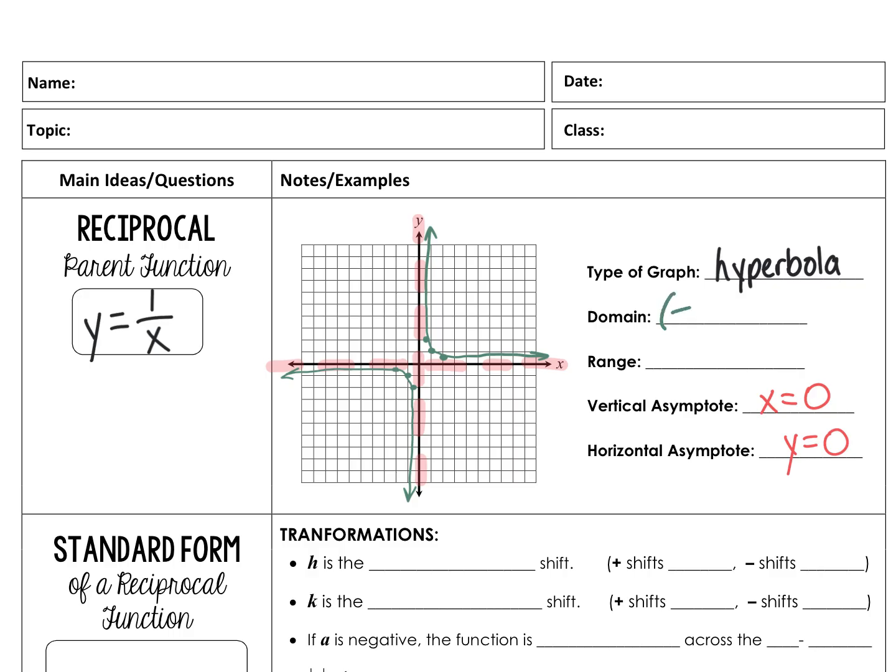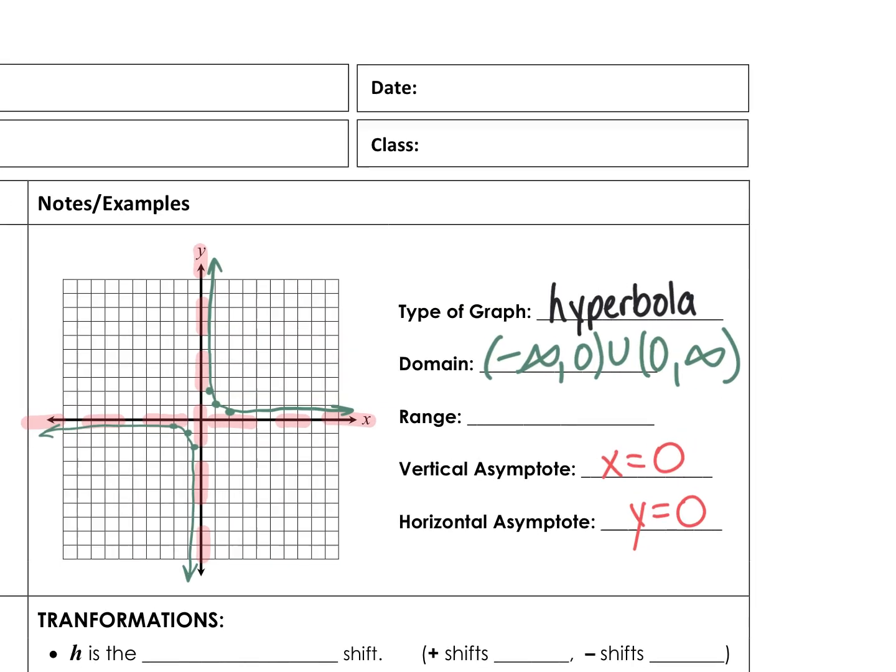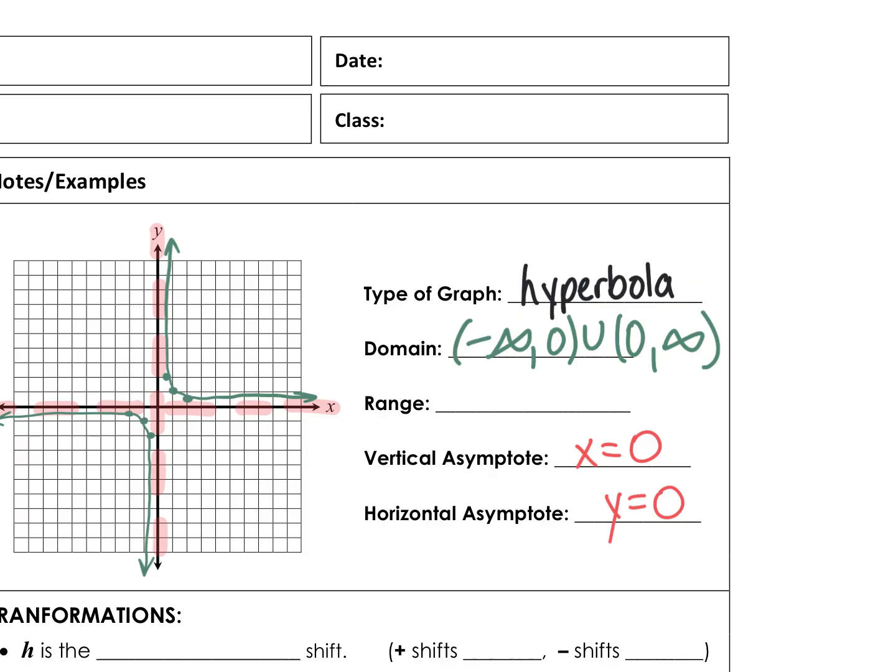Just like this. With a parenthesis, right? And then we're going to put a little U, a little union, and we'd have 0 to infinity. Let me explain this. We've talked about already how parentheses mean does not equal.